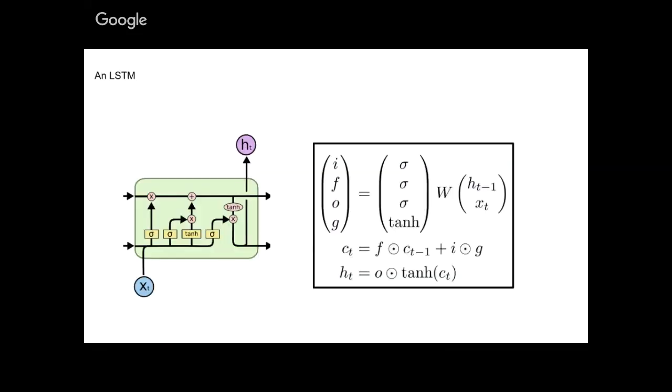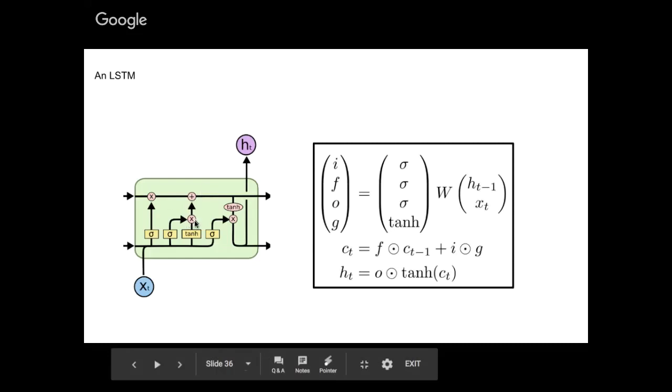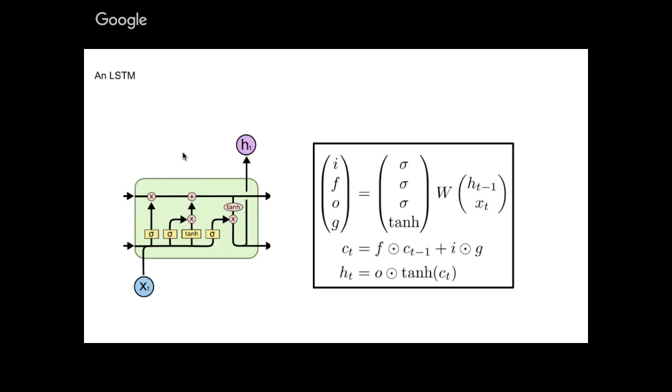With the input gate, the first one is the forget gate. This is the forget gate here, right? This one here is the forget gate. Then the second and third ones correspond to the tanh.